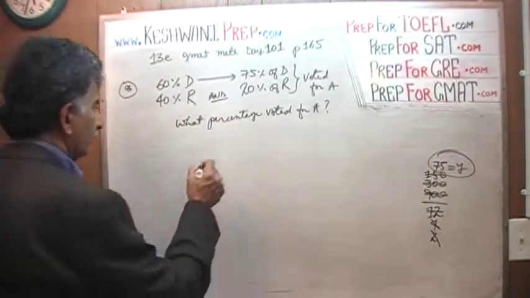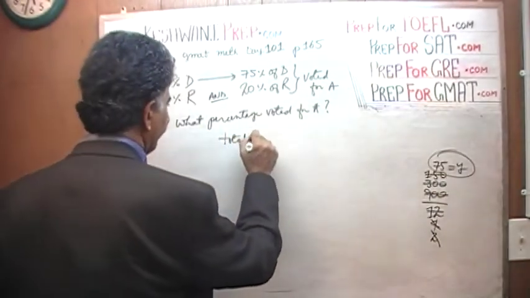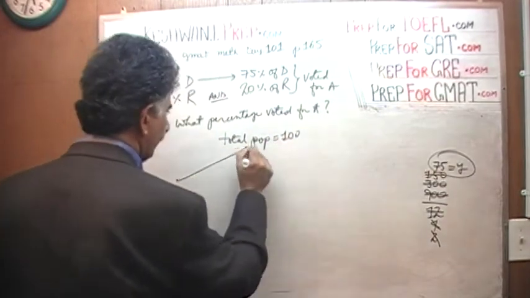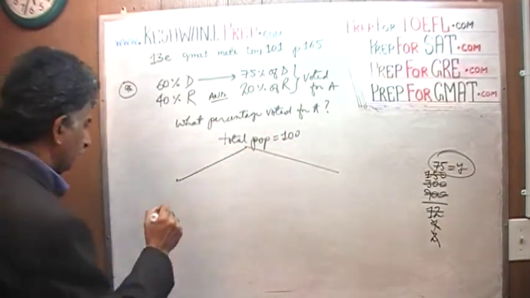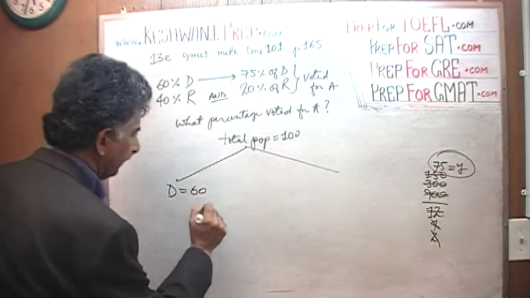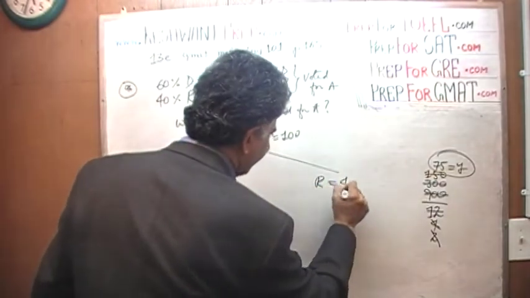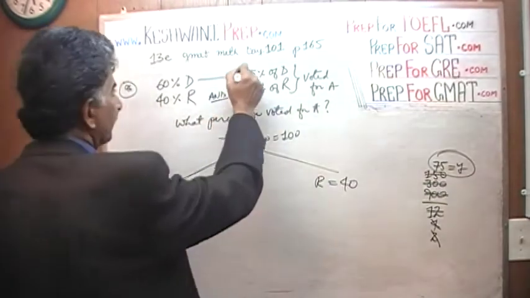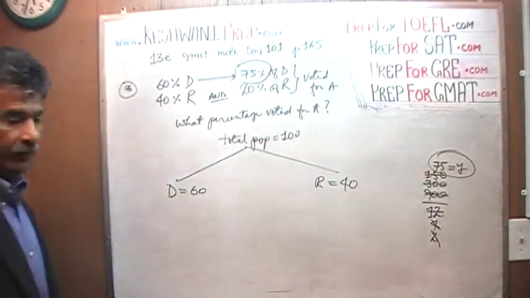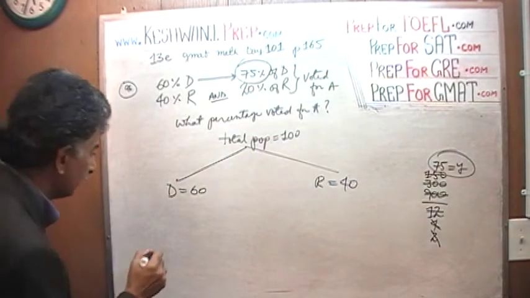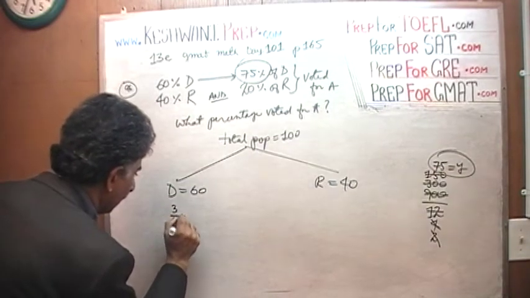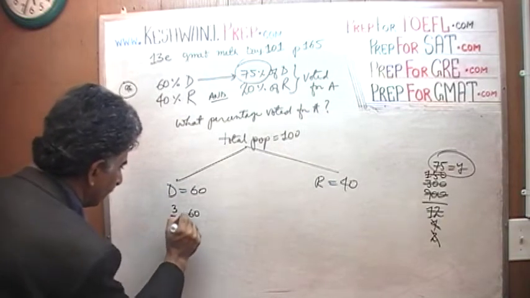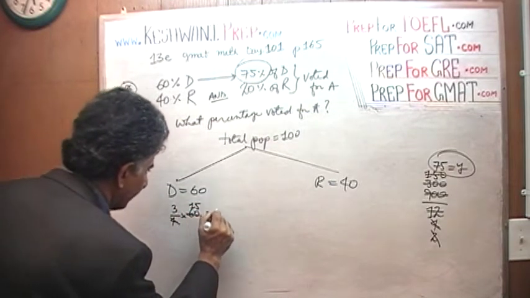So here we go. We're going to pretend that the total population is 100. 60% are Democrat and 40% are Republican. We are told that 75% of the Democrats voted for A. 75% is the same as 3/4. 3/4 of 60 is 45.